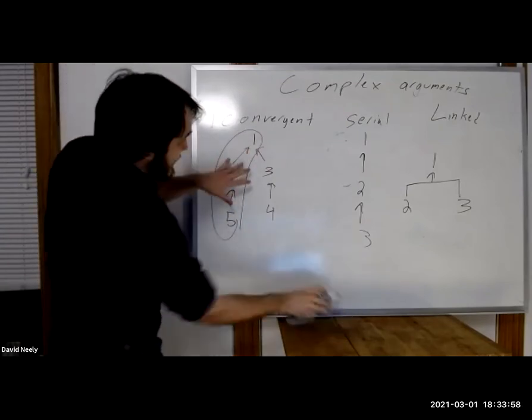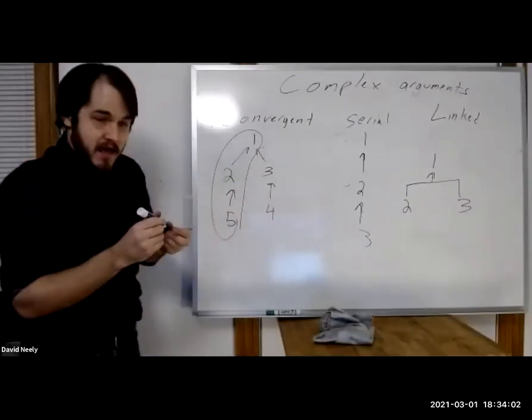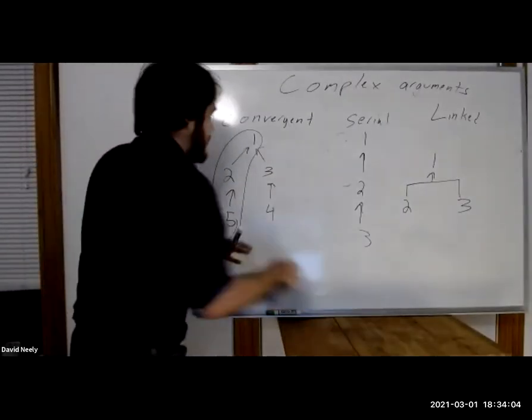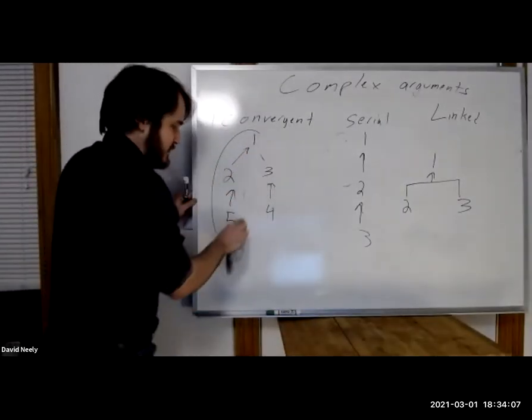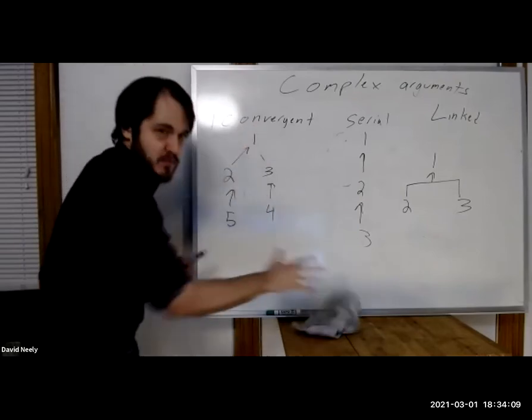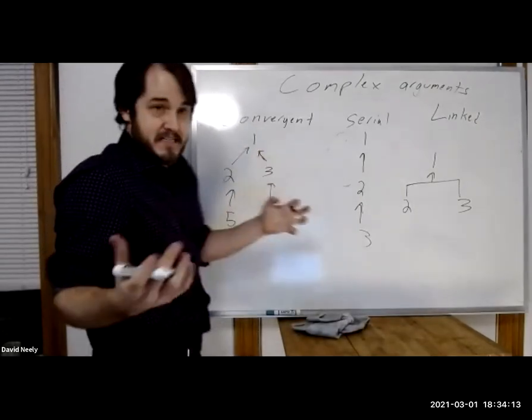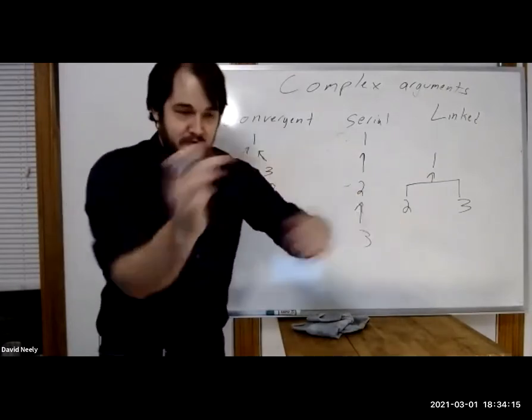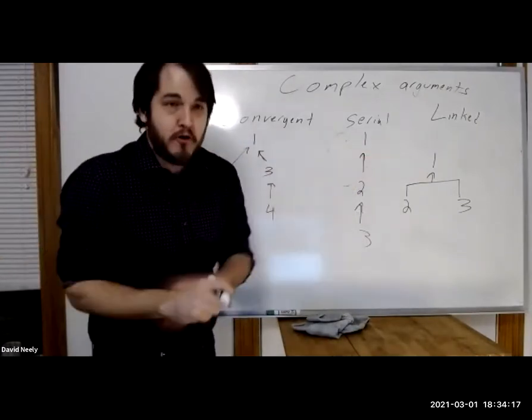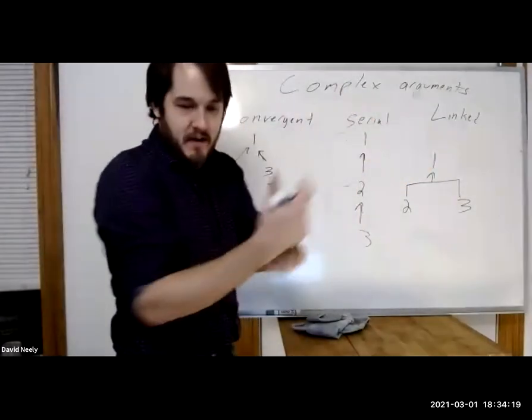But this is two serial lists converging on an overall conclusion. What this will look like in practice with examples, we'll get to in a second, but I just wanted to highlight that's why I'm saying these are complex arguments. Because like Legos, you can combine the different pieces together. Or like computer programs, you can take one program and insert it in another program.